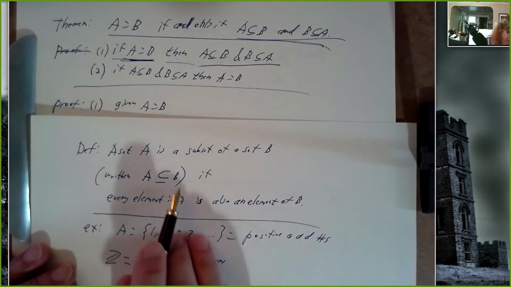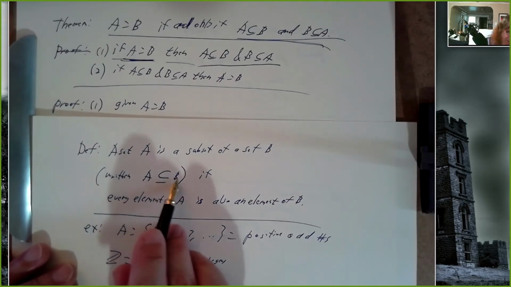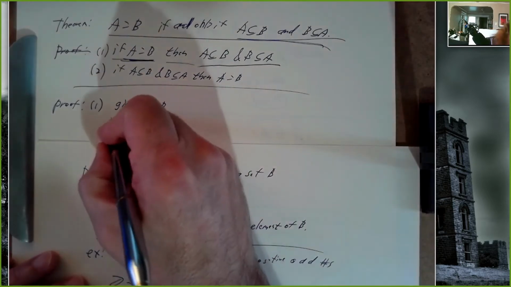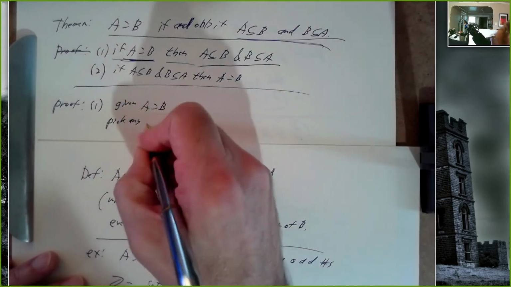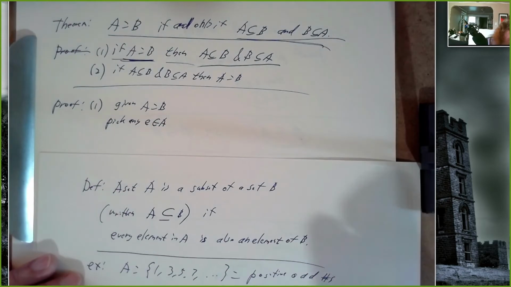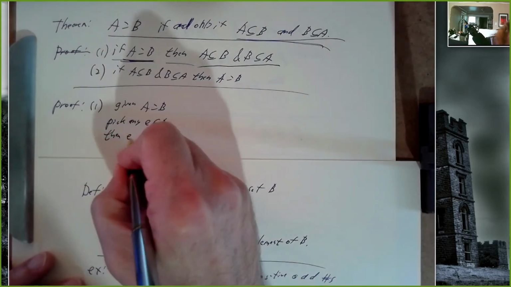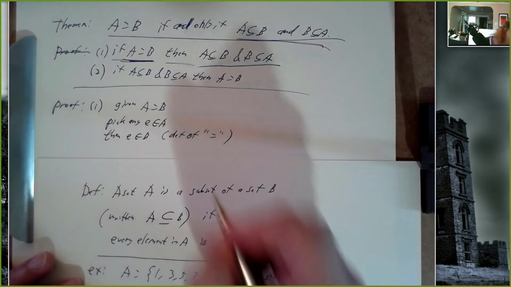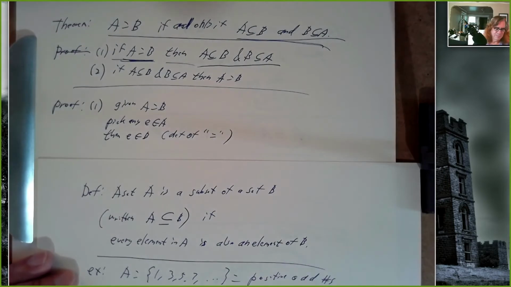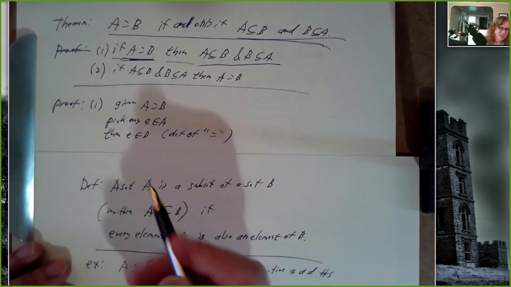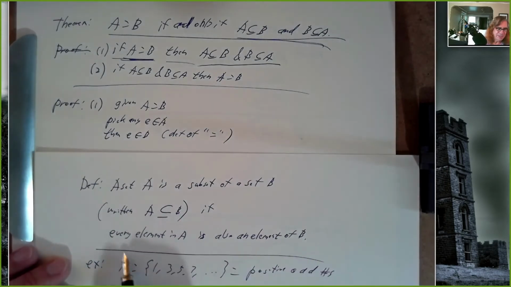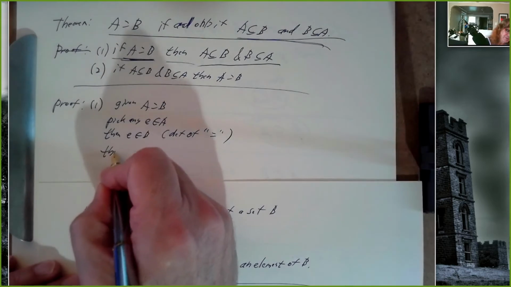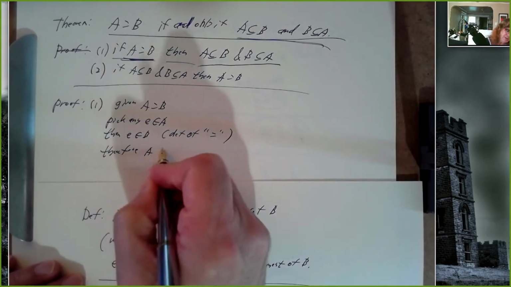We can write A as a subset of B if every element in A is also an element of B. Well, that's the definition of equality, right? So pick any element contained in A, then that element is also contained in B because of the definition of this equal sign. Well, we just stated that for any element in A, it's also an element in B. That's our definition of A being a subset. So we can say, therefore, A is a subset of B.